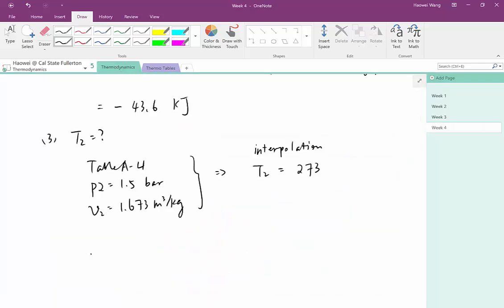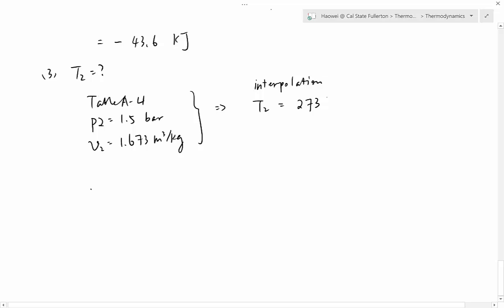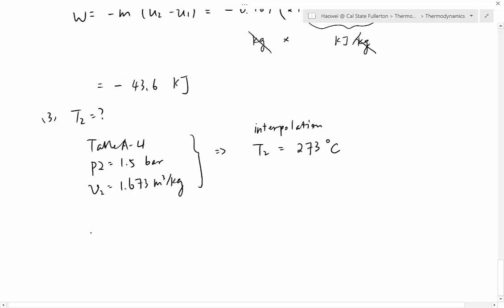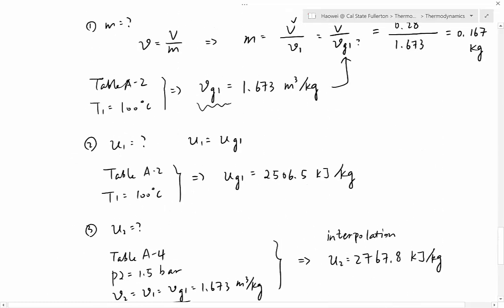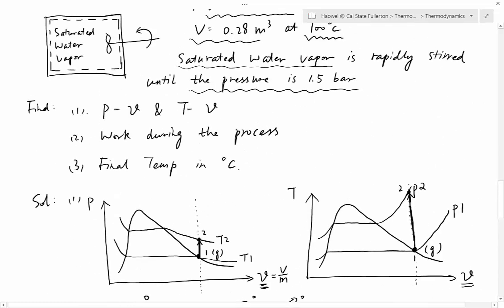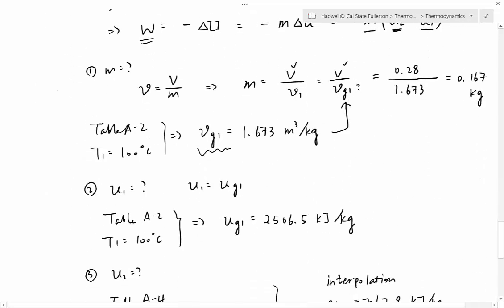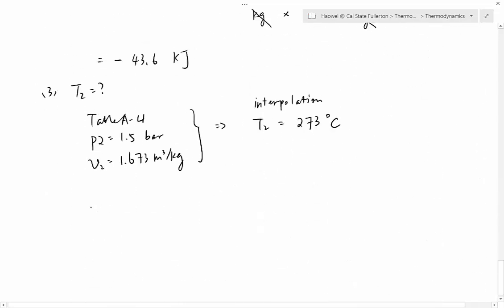Okay, so now go back to our notes and write down the unit is Celsius. 273 Celsius. And is that a unit that the question asks for? Let's go back. Yes, it looks for temperature in Celsius. Okay, so that's good because our solution is in Celsius. Okay, so that's this example.